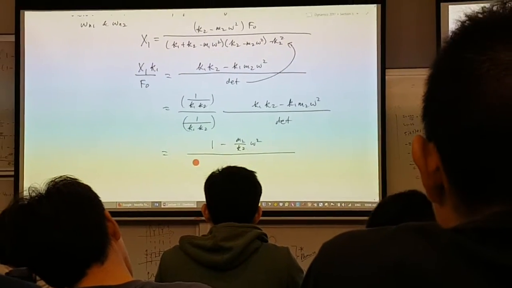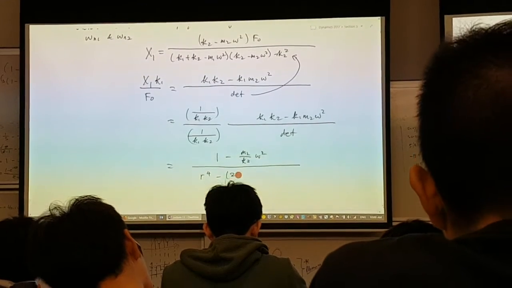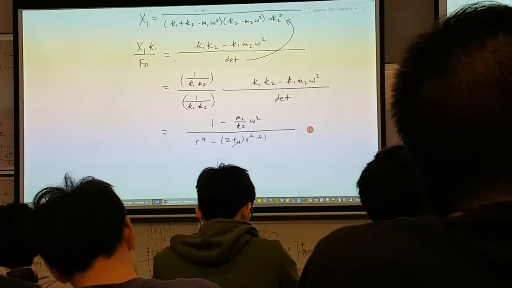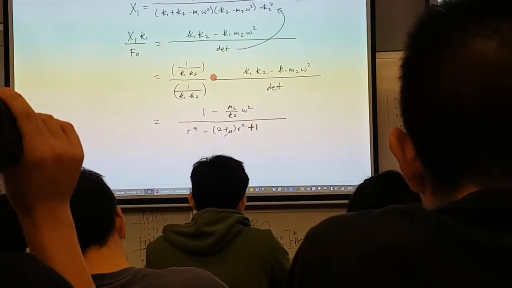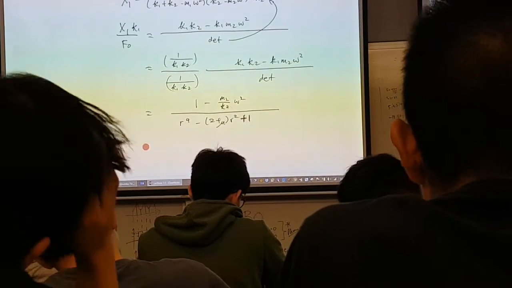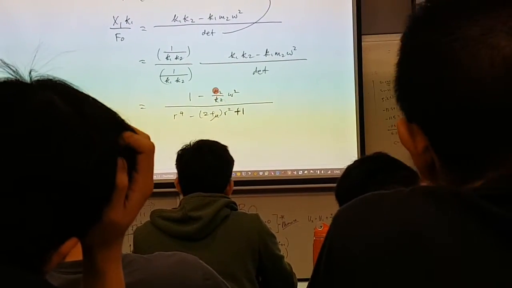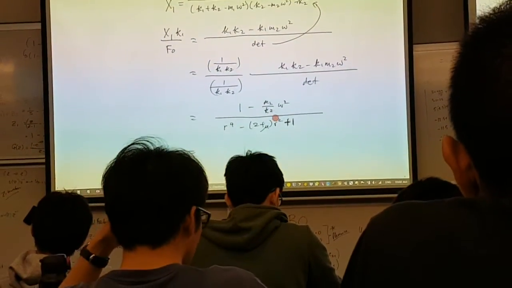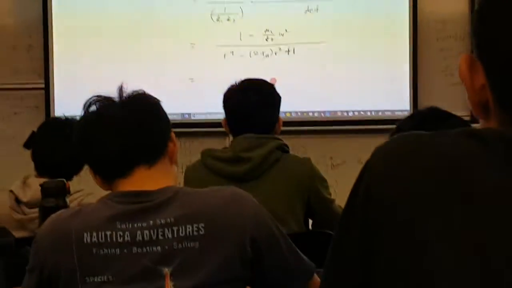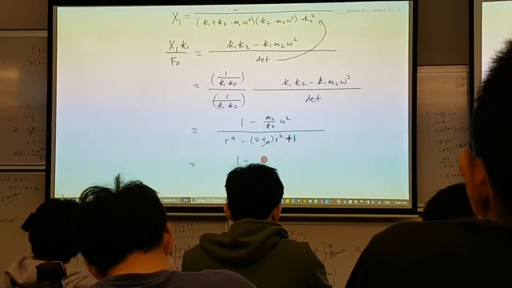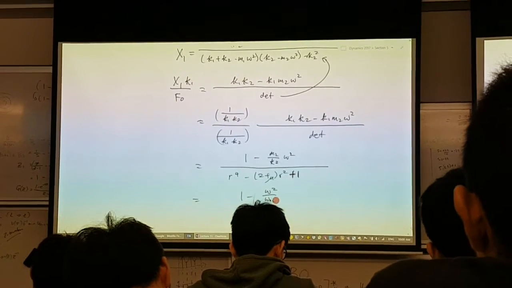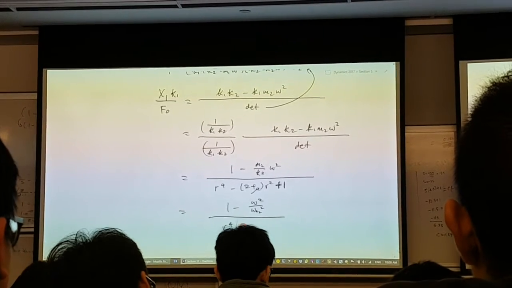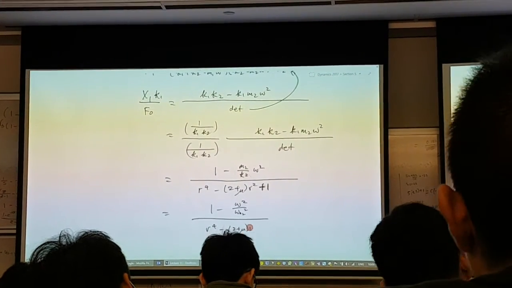So that's R^4 minus 2 plus mu R squared plus 1. That was the form that we had from the top. So this, we have seen before, m2 over K2, that is 1 over omega n2 squared. So what's going to happen is that this will be 1 minus omega squared over omega n2 squared, and divide by R^4 minus 2 plus mu R squared plus 1.